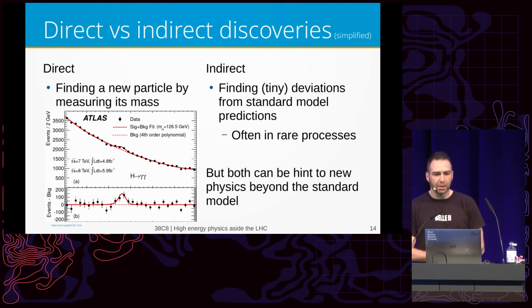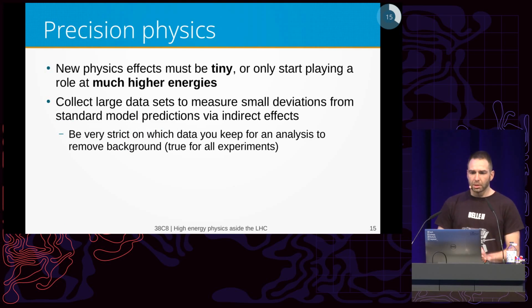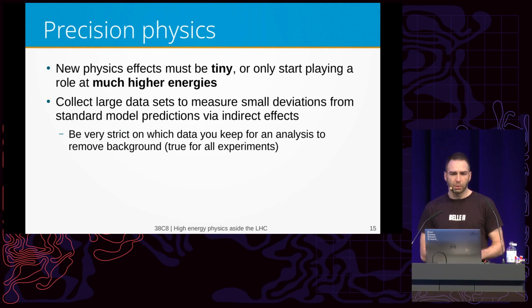The experiment that I'm working on focuses mostly on these indirect measurements, really measuring processes very precisely. So what is then precision physics? I already said these new physics effects must be really, really tiny, sometimes 5 to 10 orders of magnitude smaller than what we currently see.